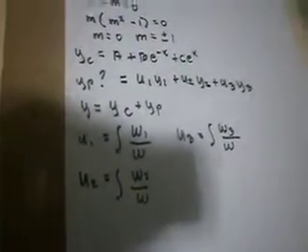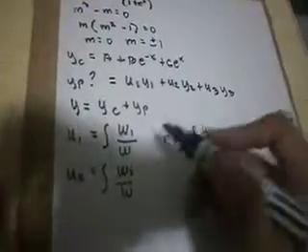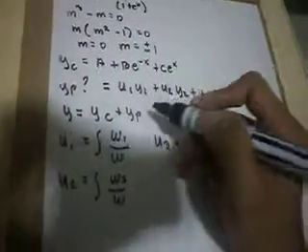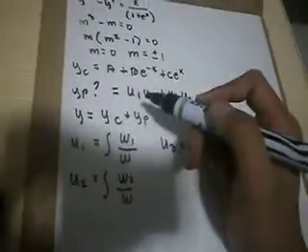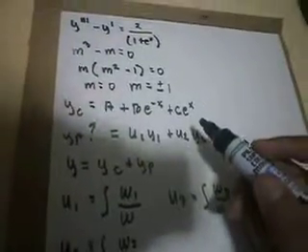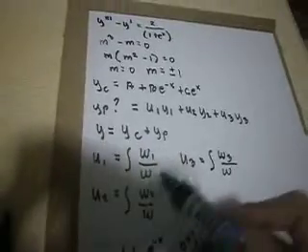So this is how to find the values for u1, u2 and u3. What is this w? w is our Wronskian determinant. In this higher order differential equation, we need to find the value of w, and w1, w2, w3, the corresponding w's.